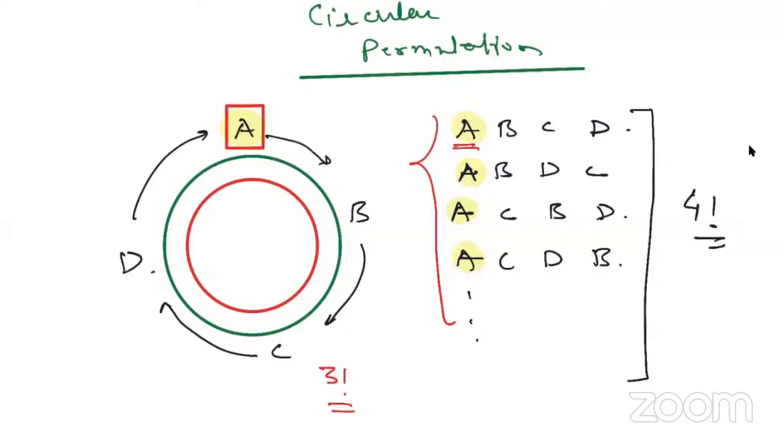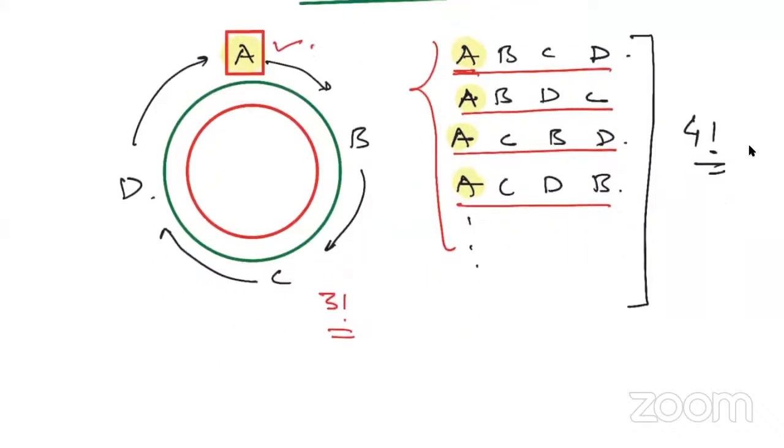We have to fix one position so we can say that around this A, other persons can sit. So every row-wise arrangement starting with A, if I fix this A, will all be one way of arrangement of circles.